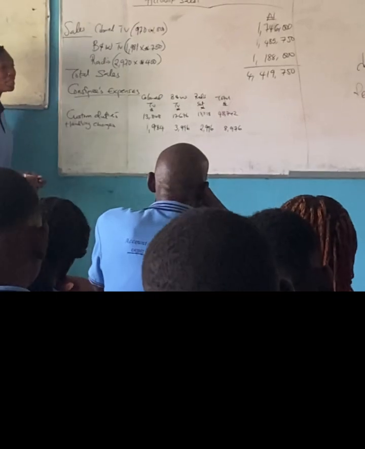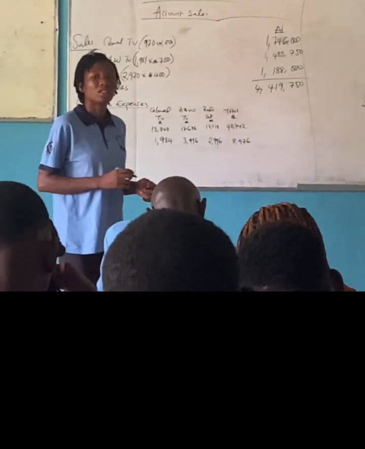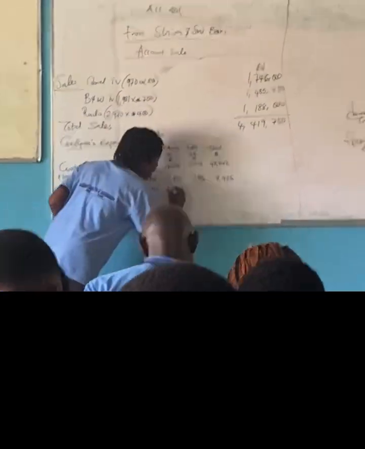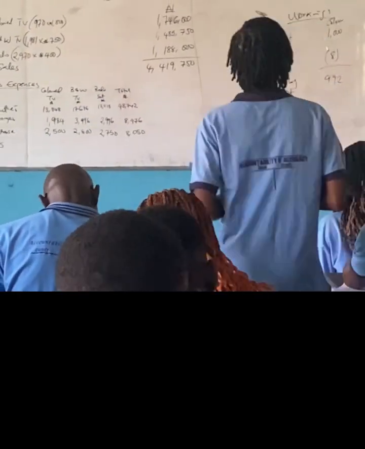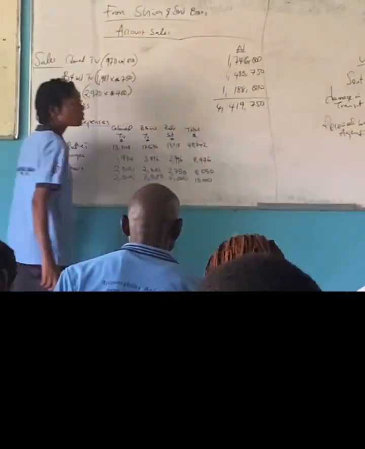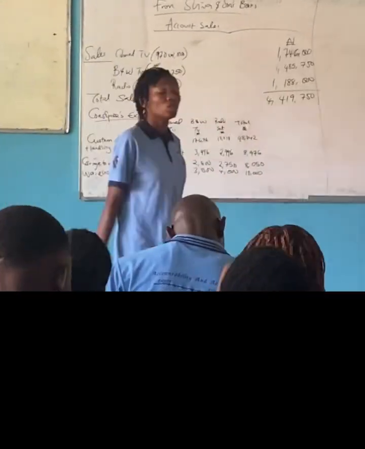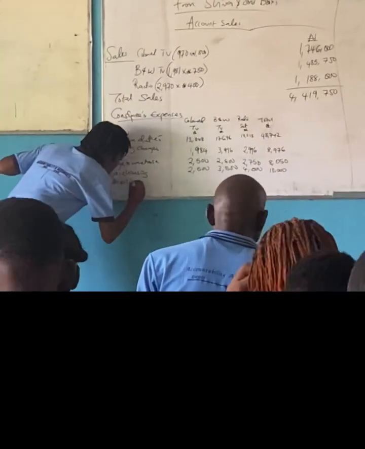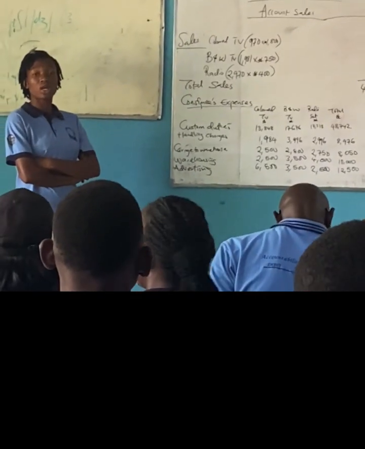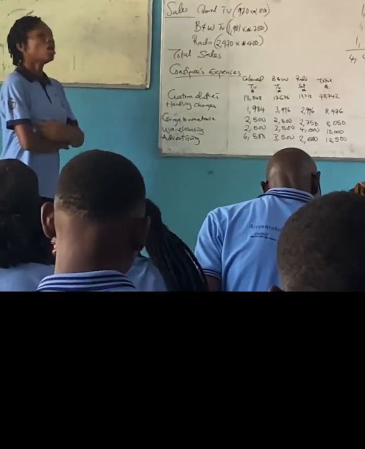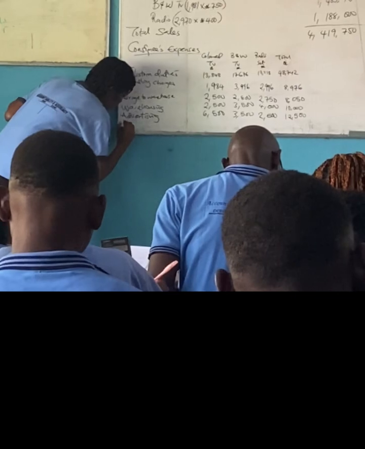The next expense is what? Carriage warehouse. The next expense is what? Other selling expenses.